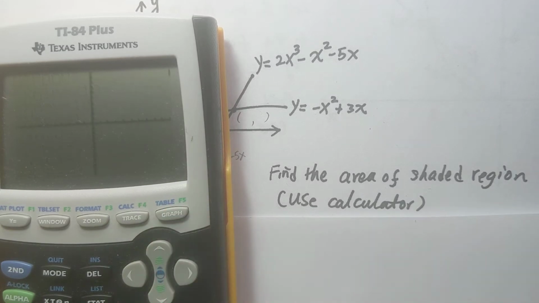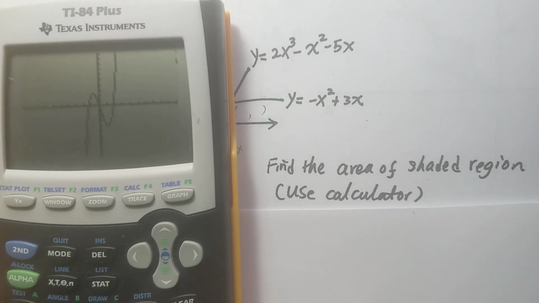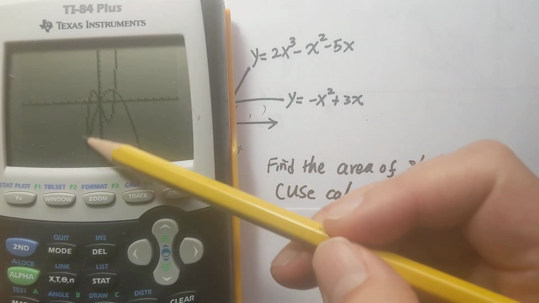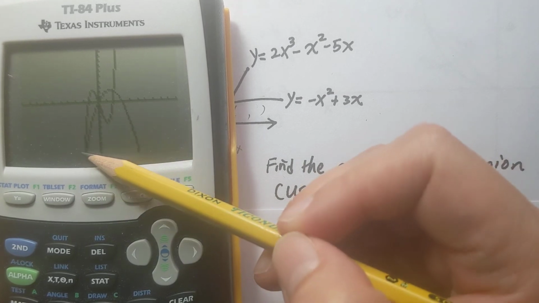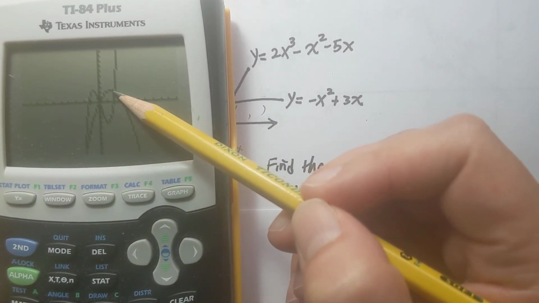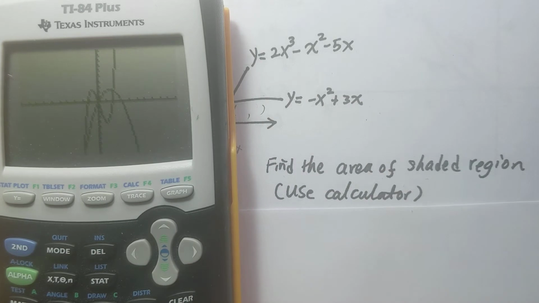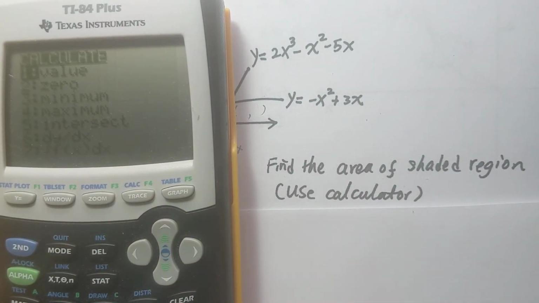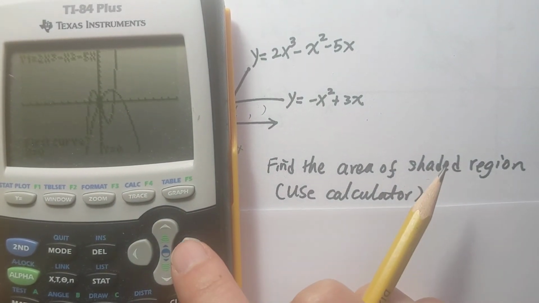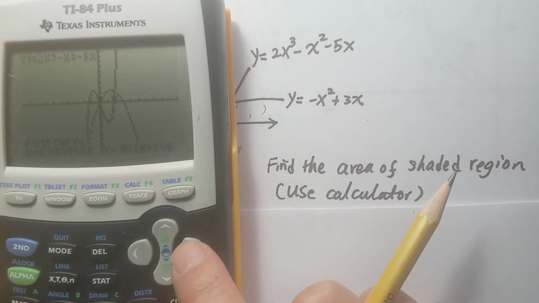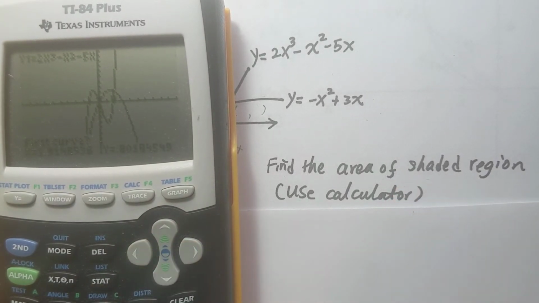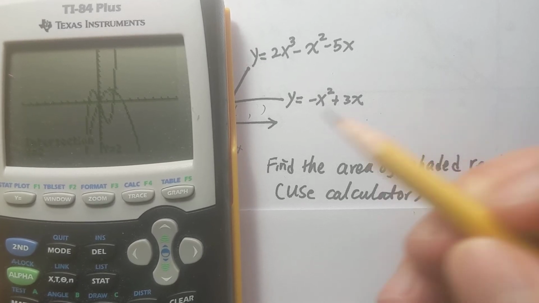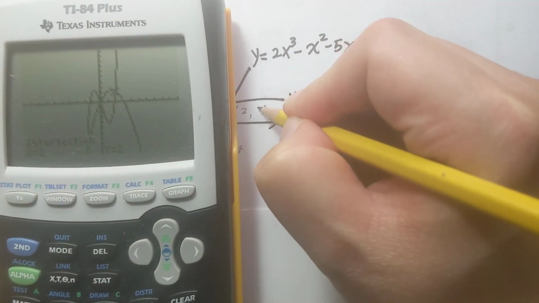Then we're going to graph, and you see the same image. We all know this point, we know this point, and we're missing this point over here that's not given in the graph. So we're going to do second trace, number 5, intersection. Now I'm going to move it to the point that I want to find the intersection. This is the closest we can get. So we put first curve, yes, second curve, yes, and guess. And then we found out the intersection is 2, 2.